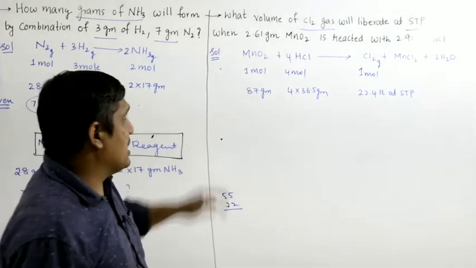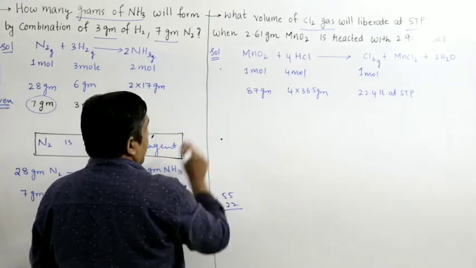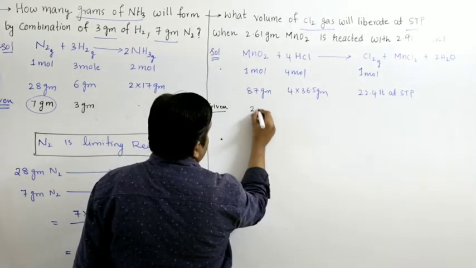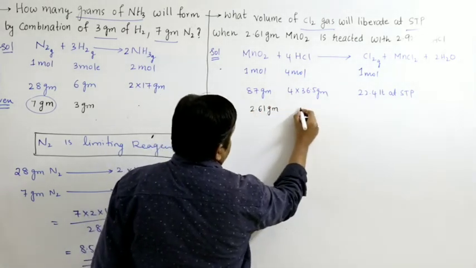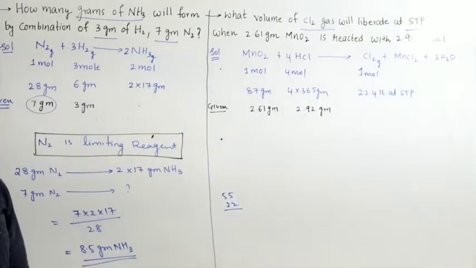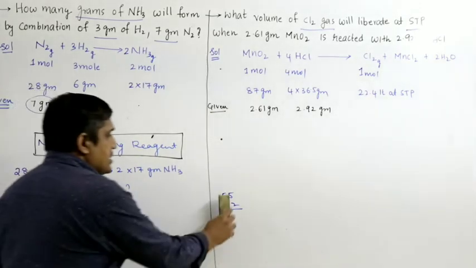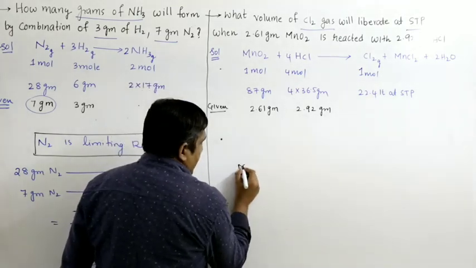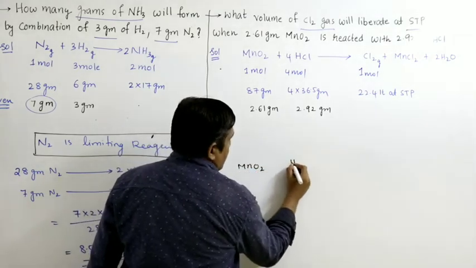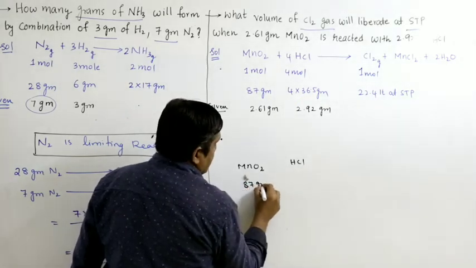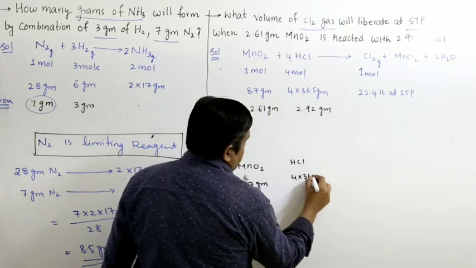Next, 2 masses are given. What is given? 2.61 grams and 2.92 grams. First we have to identify the limiting reagent. So, let us calculate the limiting reagent first. MnO2, HCl: directly I will write 87 grams requires 4 into 36.5.